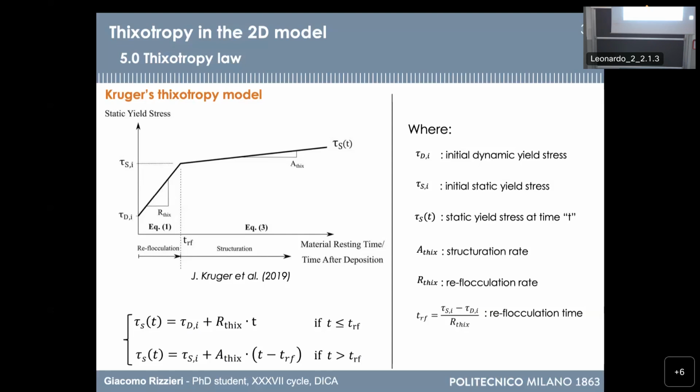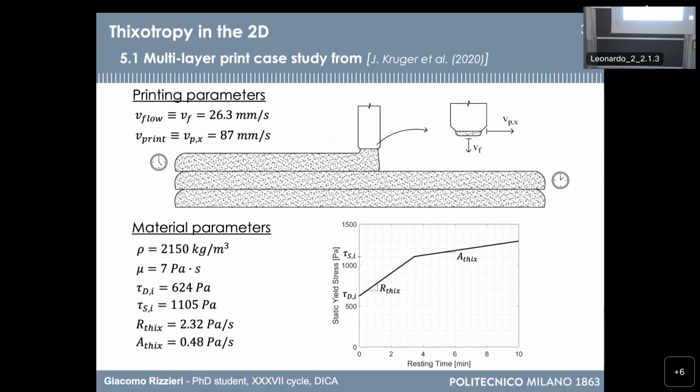So we inputted this model in the code, and to show you how it works, I present you this example, which is more or less taken from this paper of Kruger. So we are printing a layer, and then after the layer has been printed, we wait some time, and then we print a second layer, then we wait some more time, and so on. In this way, we are going to see very well the effect of thixotropy.